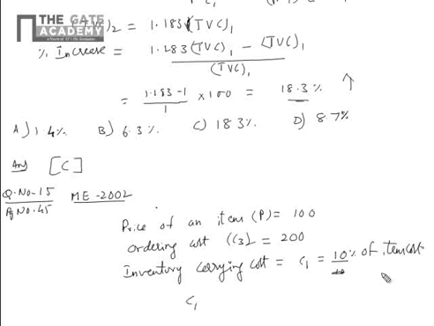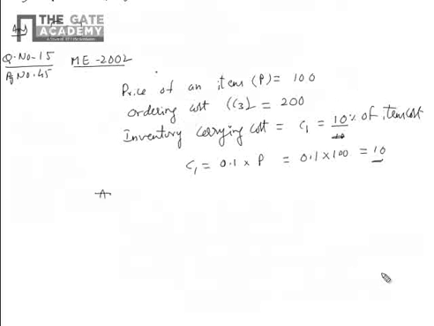So C1 equal to 0.1 into P. It's nothing but 0.1 into 100, which is 10. If the annual demand D is equal to 4000 units, what is the economic order quantity?